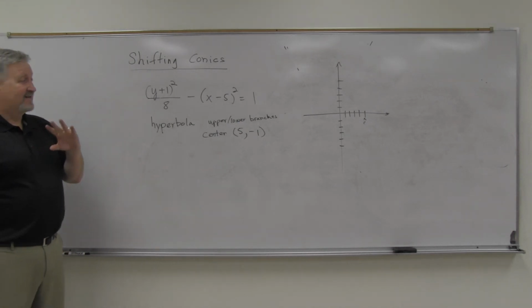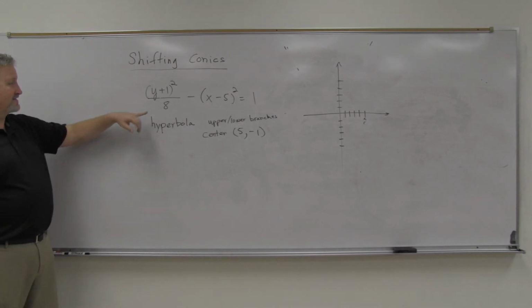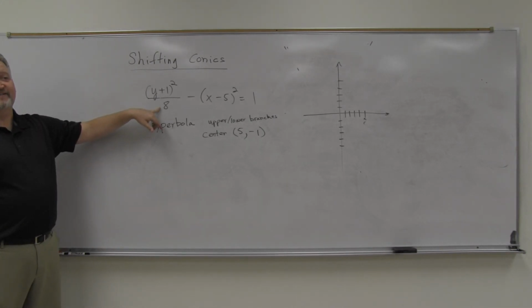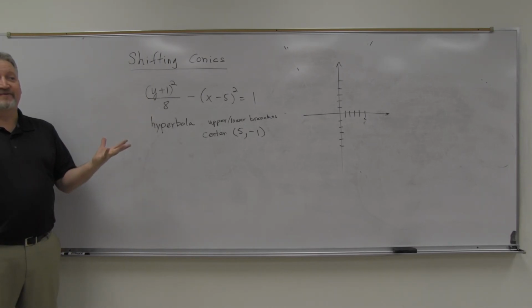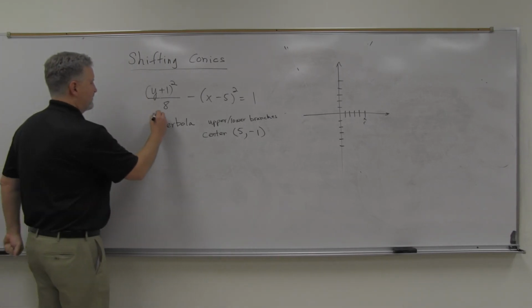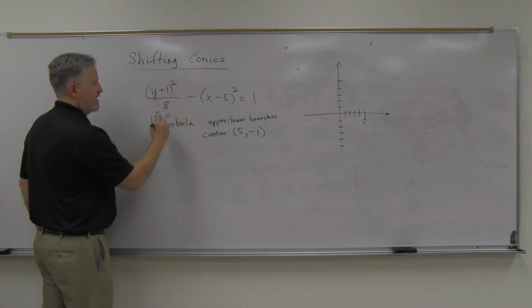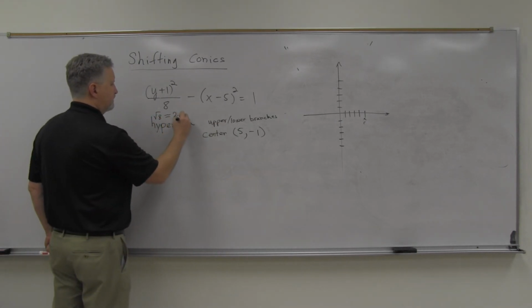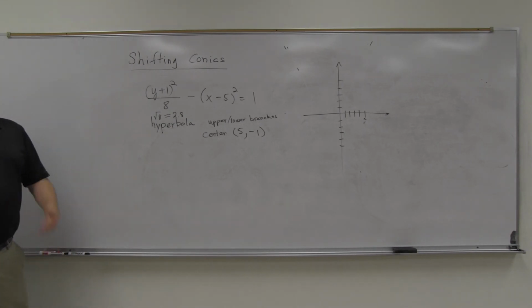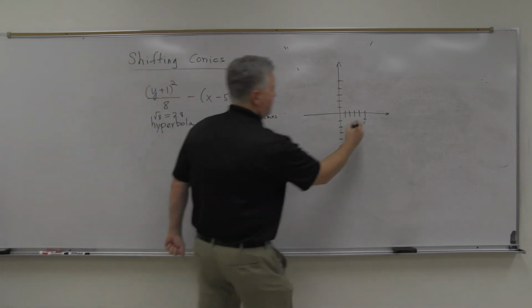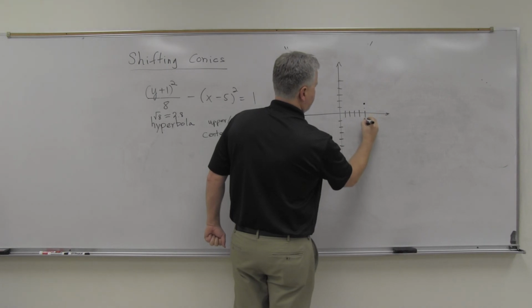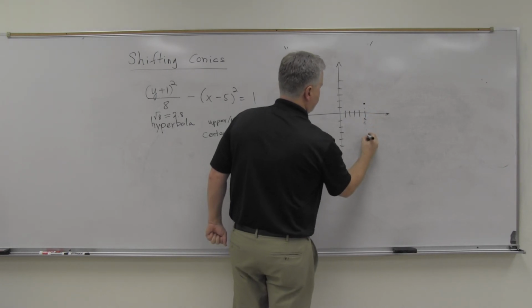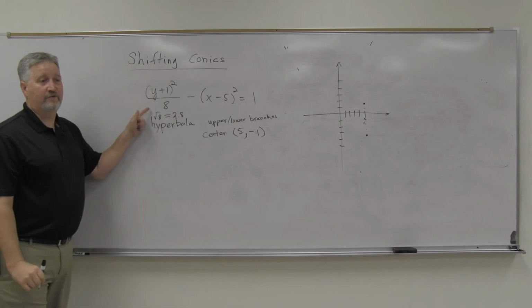I don't know how many they give you that are not nice perfect squares, but here it's 8, under the Y. I don't go out 8, do I? What do I go? The square root of 8, which is about 2.8. So I would go out 2.8 in the Y, not the 8. So I go 1, 2, and then 0.8, and 1, 2, 0.8 the other way.